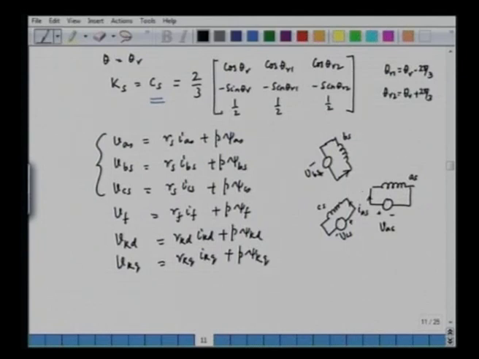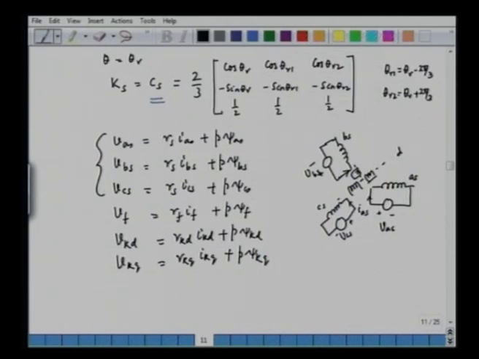So, we can write down the 3 voltage equations: VAS equal to RS IAS plus P psi AS, VBS equal to RS IBS plus P psi BS, and VCS equal to RS ICS plus P psi CS. And the rotor in this case has a field winding. This is the rotor D axis, and we have a damper winding here, and in the Q axis we have a damper winding.